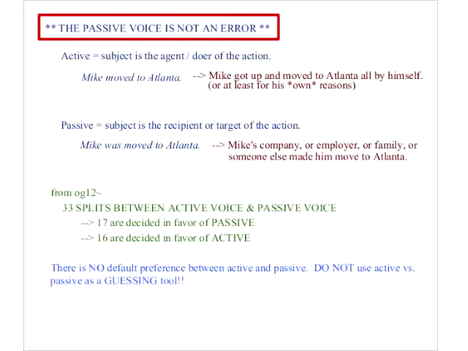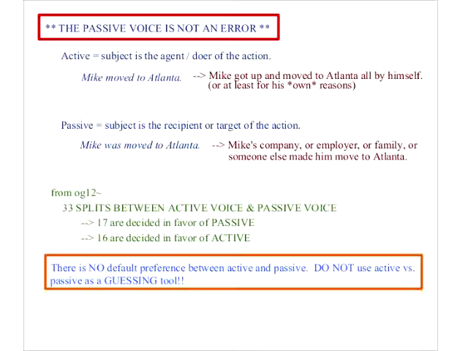Now, some of you, if you have the older editions of our strategy guides, some of them say there's a preference. The reason they say that is because in the earlier editions of the OG, up to the 10th edition, there was a decently sizable margin in favor of the active.